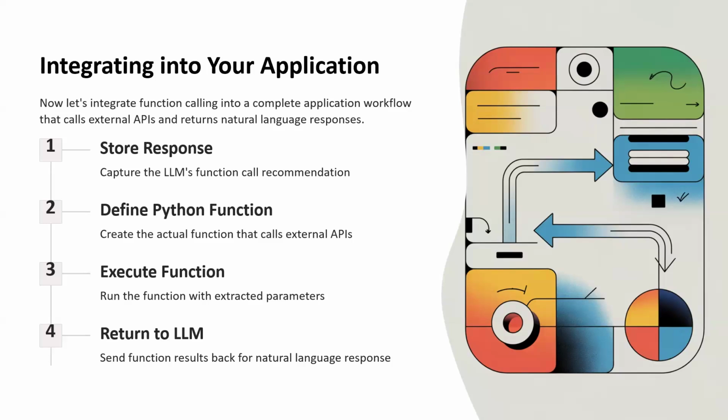We would have already defined our Python function, so it would decide what function to use based on the functions that we have already defined. We'll create an actual function that can call external APIs. So when the user sends in the prompt, our model can execute that function, running it with the extracted parameters. Once the function is done running, it will return that information back to our LLM.